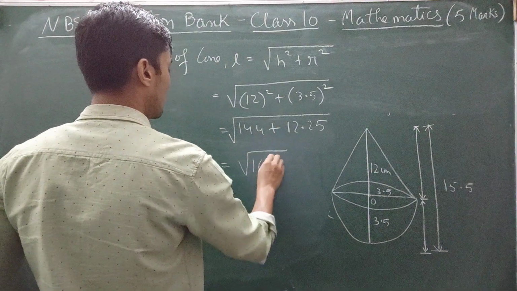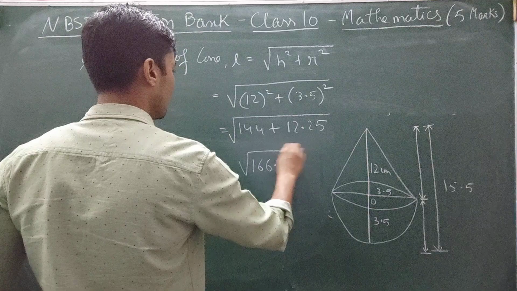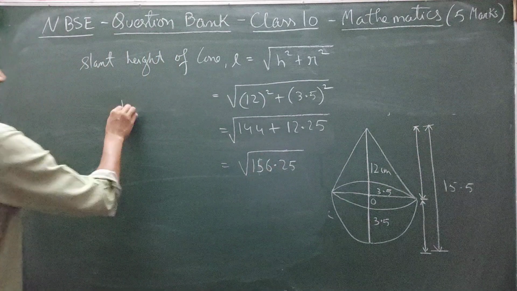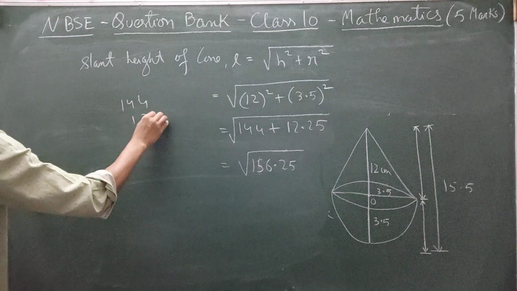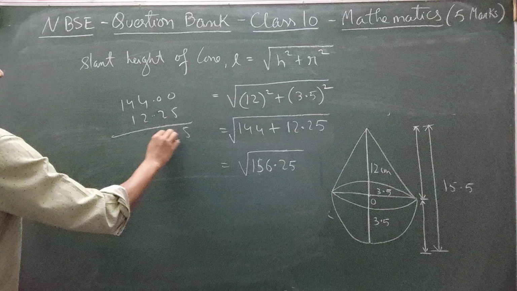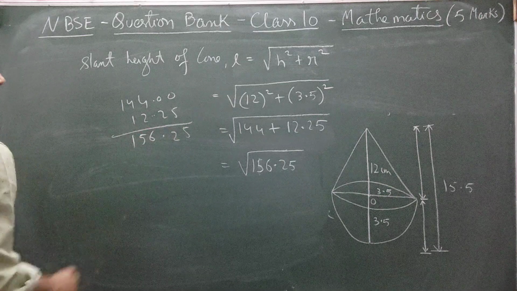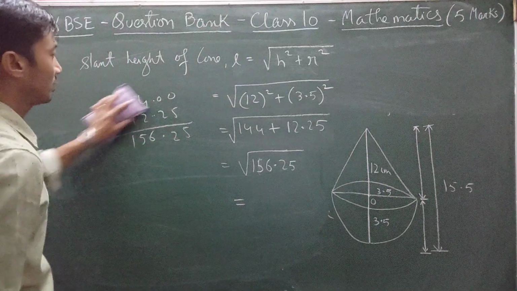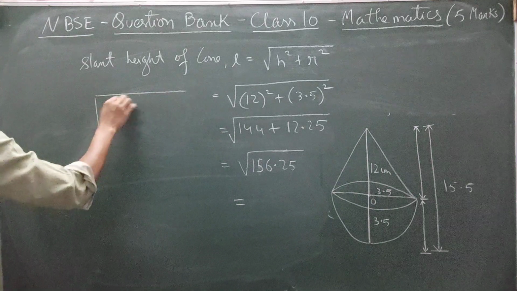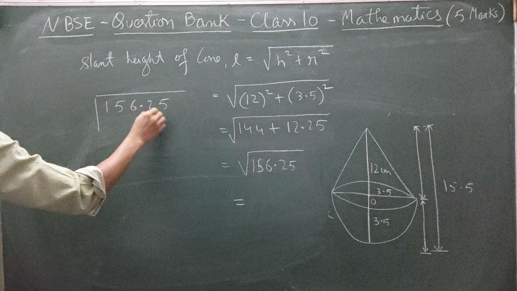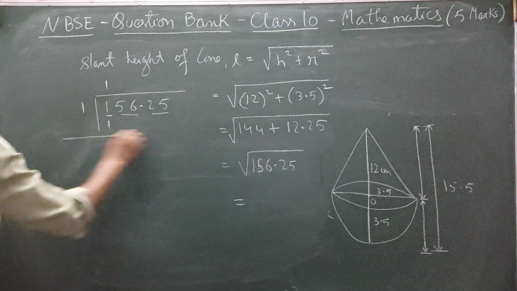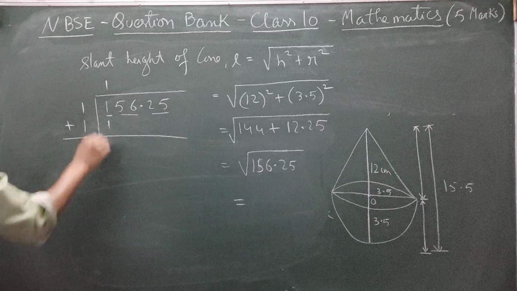So 144 plus 12.25 is 156.25. If you go for the square root of 156.25, I'll show you with the long division method, if you don't remember.